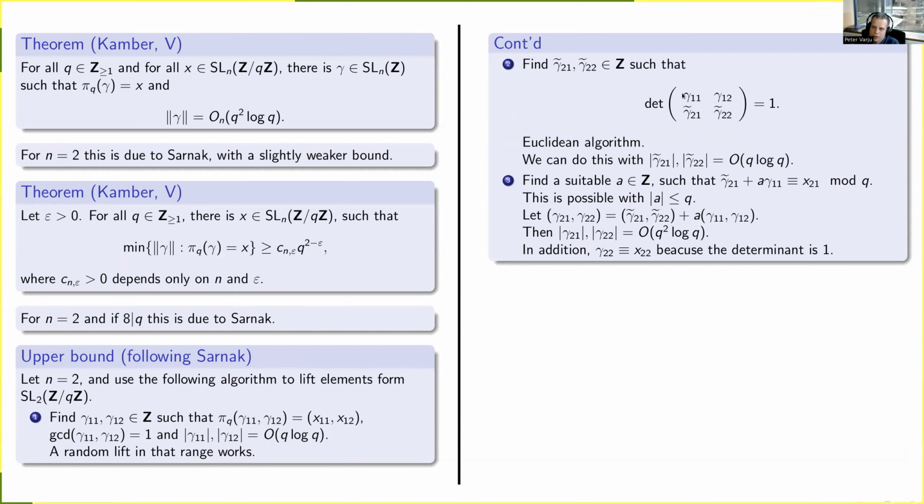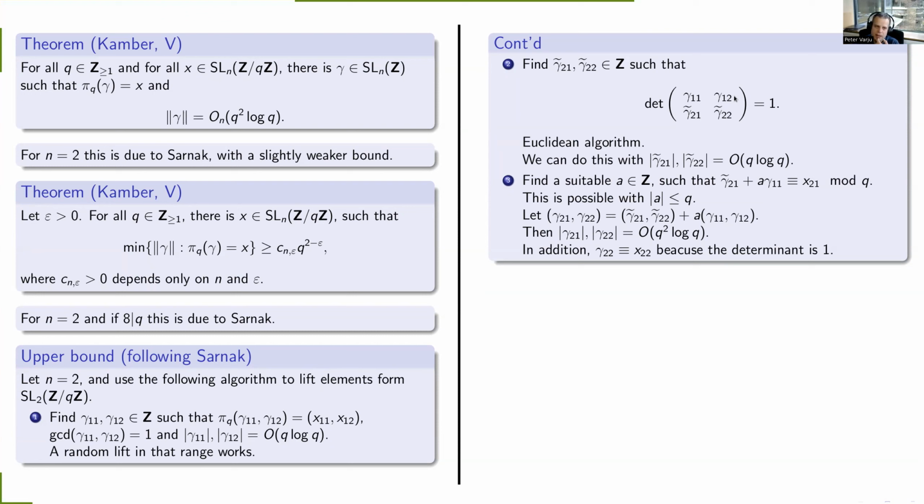And the entries in the first row are going to remain of size q times log q. And so from this you can see that it is kind of a strange situation, because the output of this algorithm will be asymmetric in the sense that the elements in the second row are much bigger than the first row.